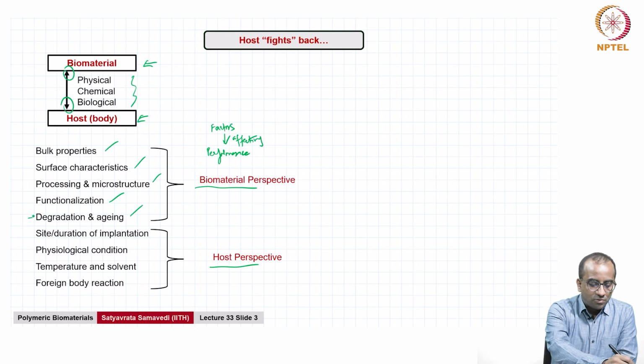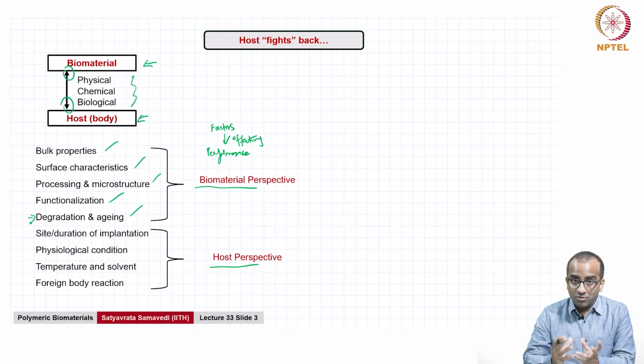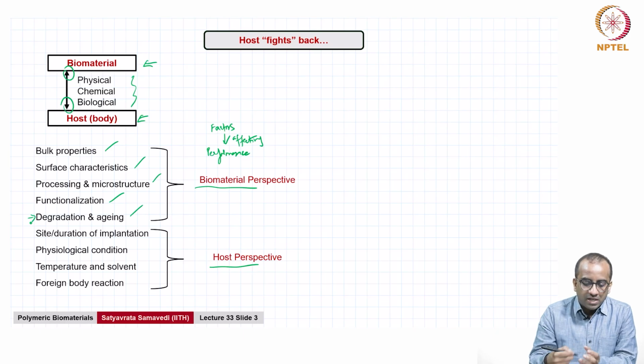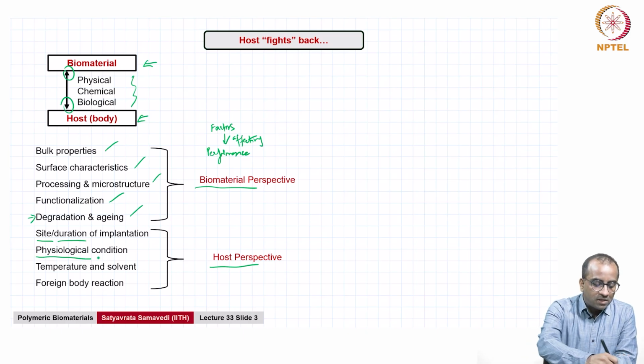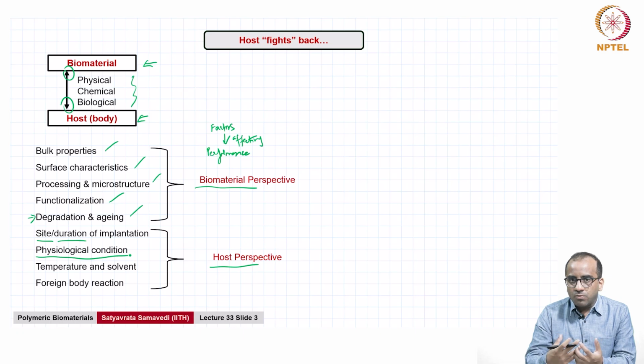Now, this also has to do with how the host is going to act upon the biomaterial. From a host perspective, factors affecting performance include the site and the duration of implantation. So, not only where you're implanting the biomaterial, but also how long the biomaterial needs to function within the host. The physiological condition of the host, namely what kinds of preconditions do they have, what medications are they on, all of these things play a role in dictating performance.